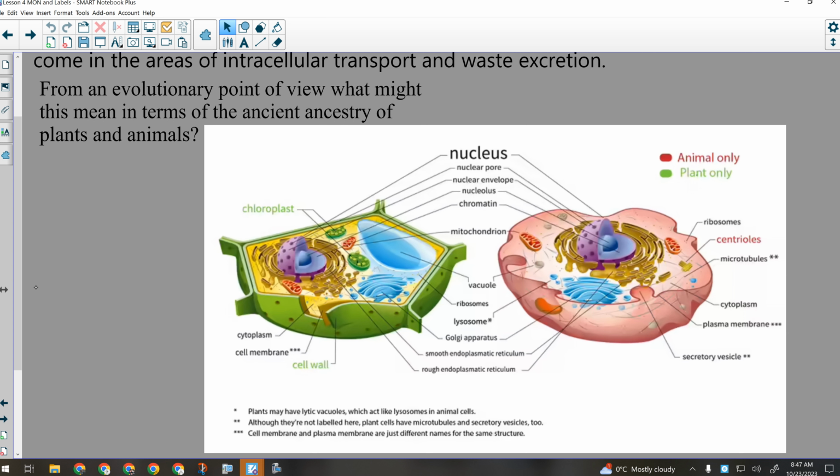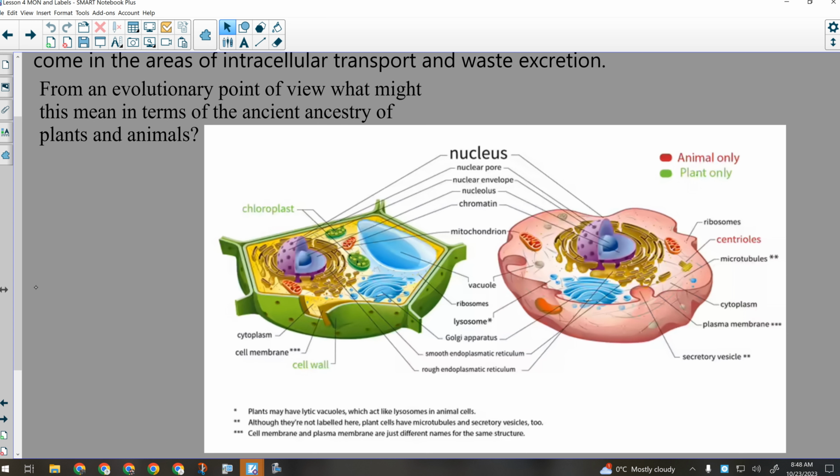So if we're looking at the chemoheterotroph, that would be the animal cell. Okay? In order to be a chemoheterotroph, you have to obviously have organelles capable of digesting food. So lysosomes, peroxisomes. Things that contain digestive enzymes that can break down food particles. And they also have the centrioles that help them with cell division because they don't have a wall.